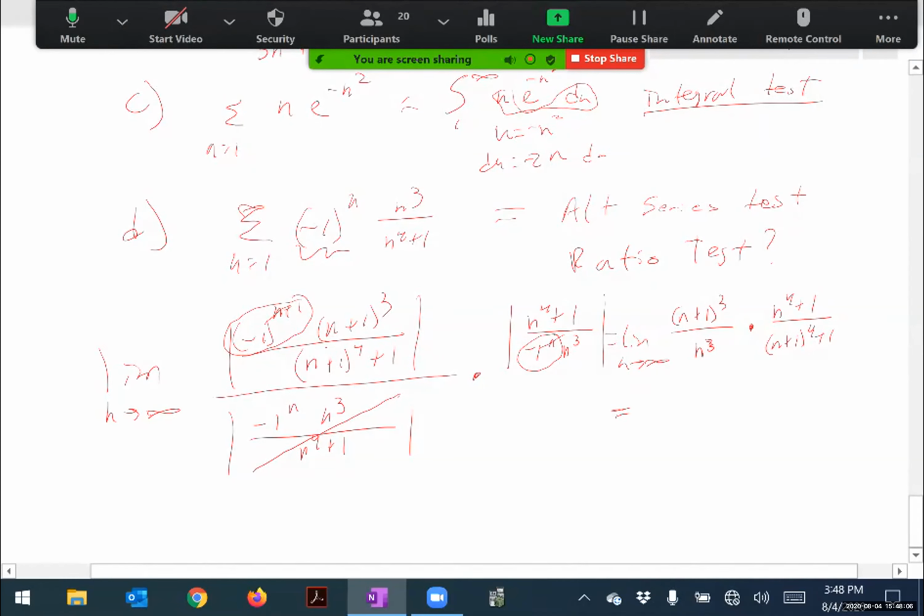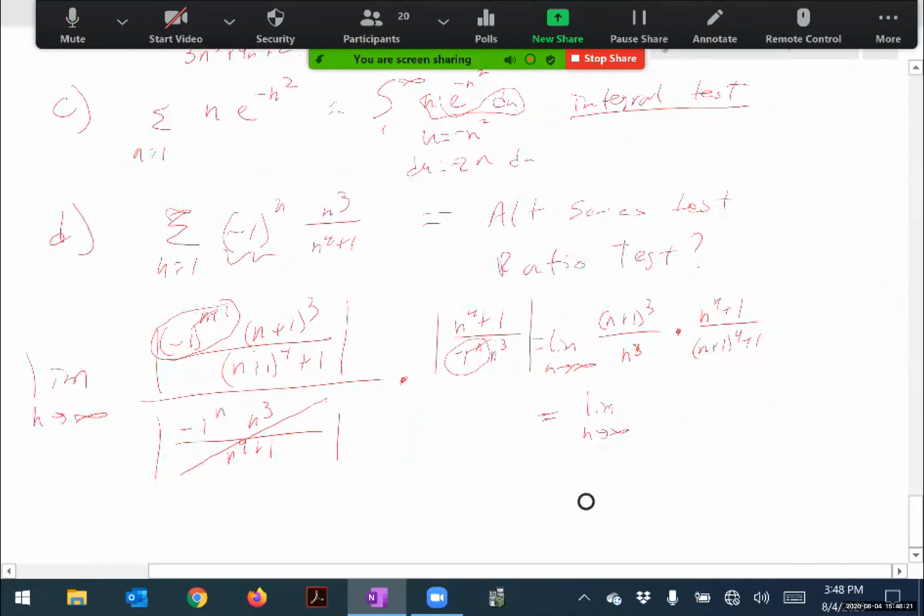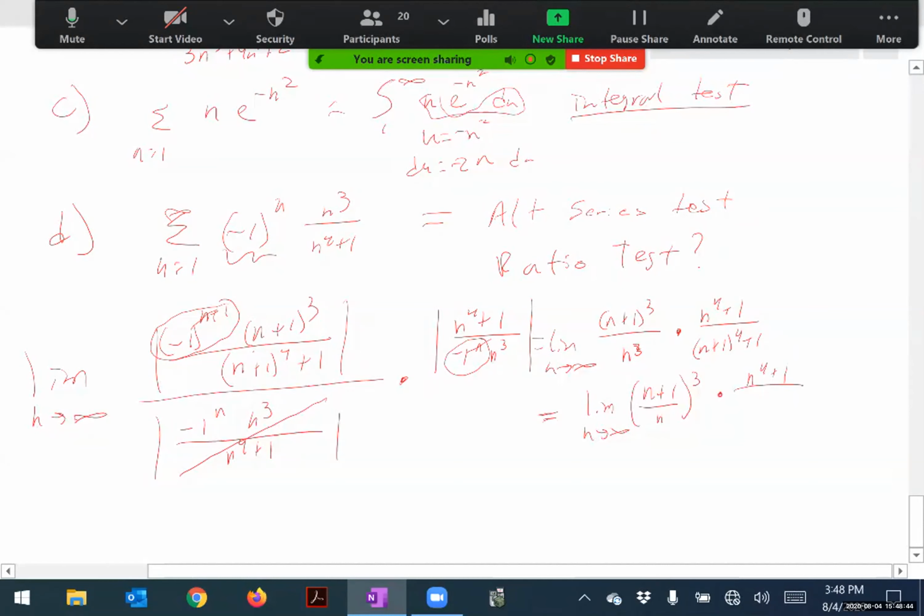So here, this thing is going to be the limit as n goes to infinity of n plus 1 over n, cubed, times n to the fourth plus 1 over n plus 1 to the fourth plus 1.